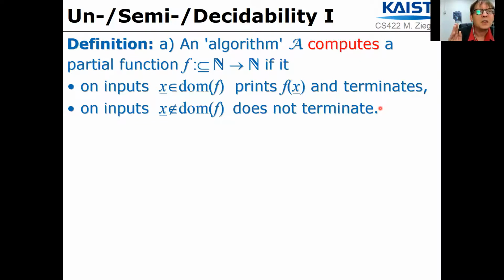So a user can never be sure about a non-terminating computation. Whereas when the computation spells out an error message, hey, argument does not belong to the domain, this is undefined, then of course the user would know, but this is not what we require. We require the weaker condition. And the reason for that will become apparent later throughout this course.